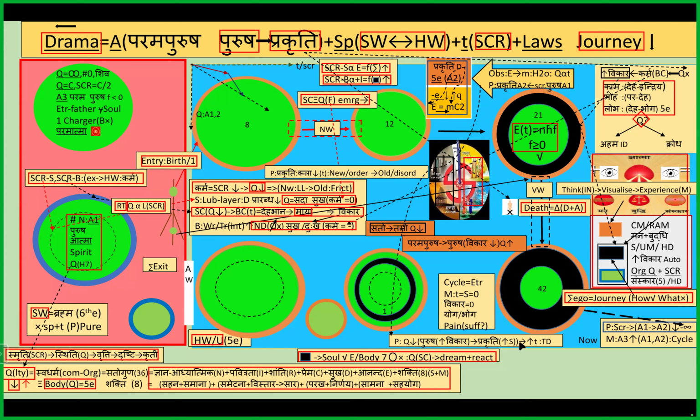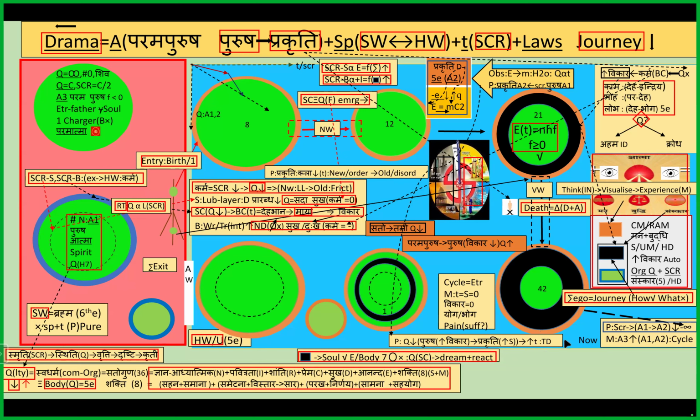Entropy is S, and entropy controls time. Because this entropy is always increasing, time will keep on increasing, and it will go up to thermal death.